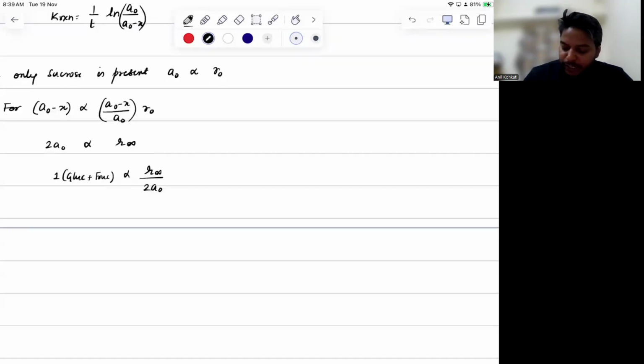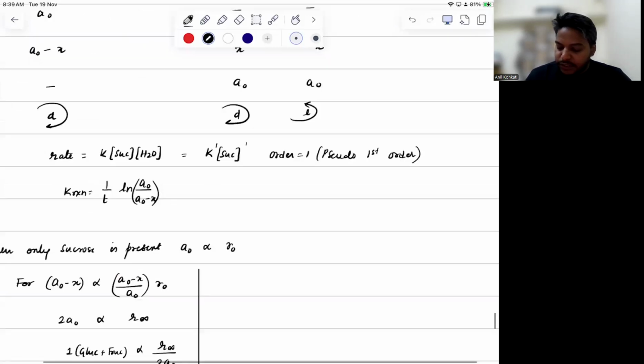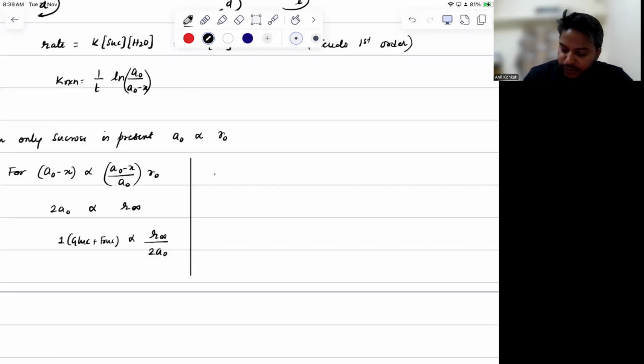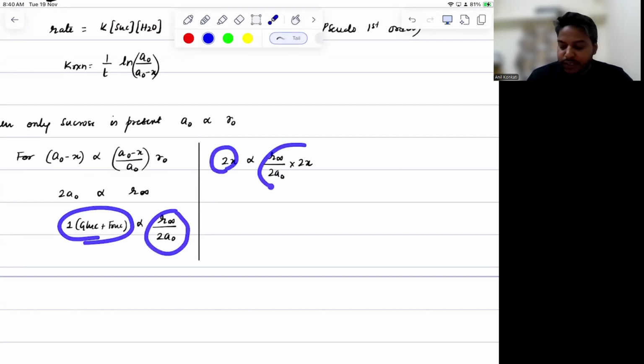And at time t, what is the rotation we are getting? We are getting x and x. So for 2x, how much should it be? That is R infinity by 2 A naught into 2x. If this much is the rotation for 1 mole of the mixture, for 2x moles this will be the rotation.